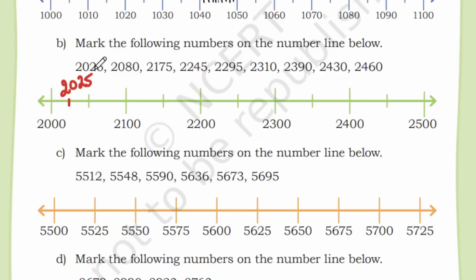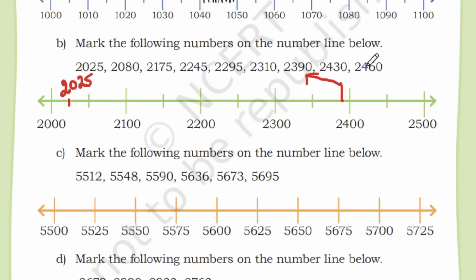So this is 2025. Okay, next I'll mark 2390. So where will 2390 be? It's just before 2400, just before by one point. So this one is 2390.